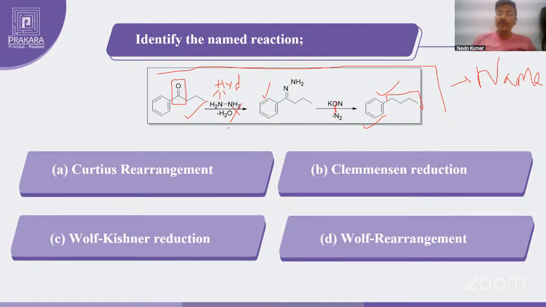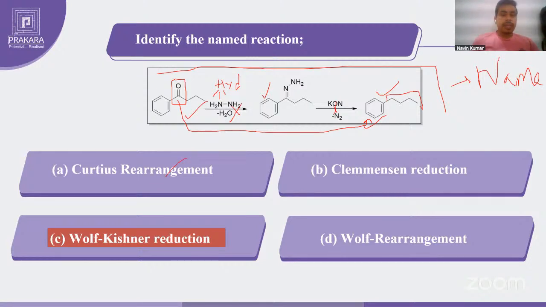The name of this reaction is the very famous Wolff-Kishner reduction reaction. Here you can see a reduction is happening. The rearrangement is not here, so the Curtius rearrangement or Wolff rearrangement is not the correct answer. So you have two options, option B and option C, and you have to identify which option is the correct one. So simply remember with a few tricks.